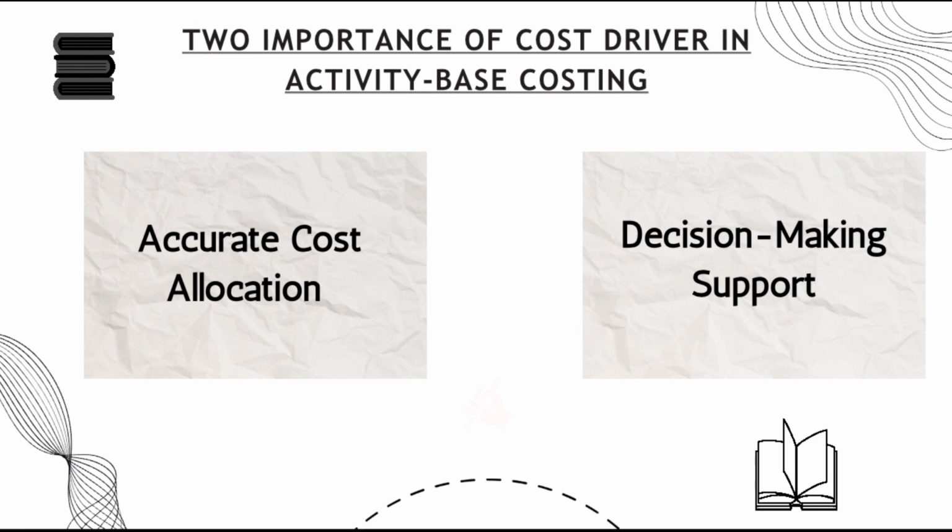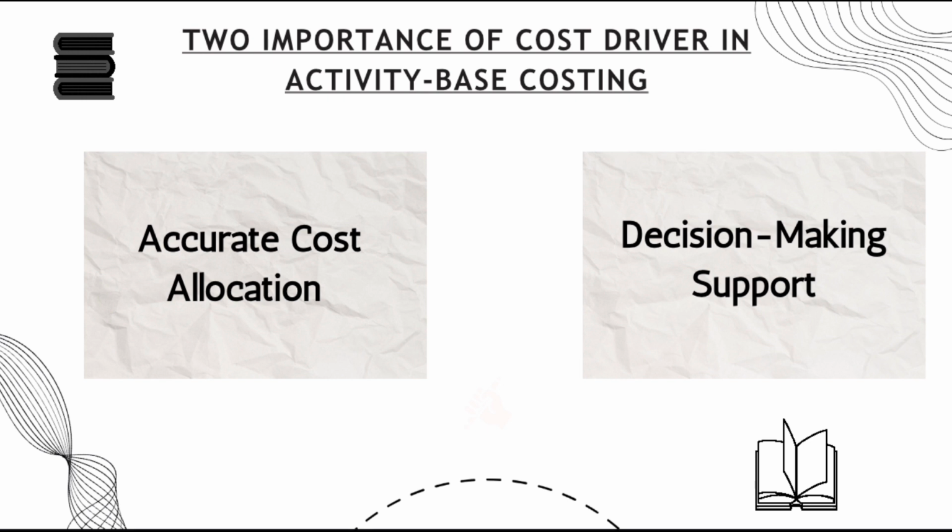For example, in a manufacturing setting, if the cost driver for setup activities is the number of setups performed, activity-based costing will allocate the setup cost based on the actual number of setups for each product or production run. This enables a fairer and more accurate distribution of costs, as opposed to allocating setup costs uniformly based on a broad average.